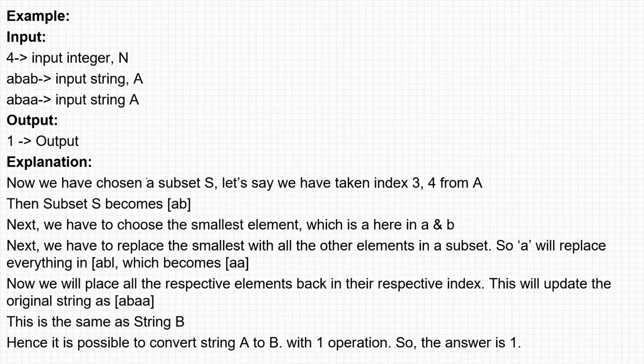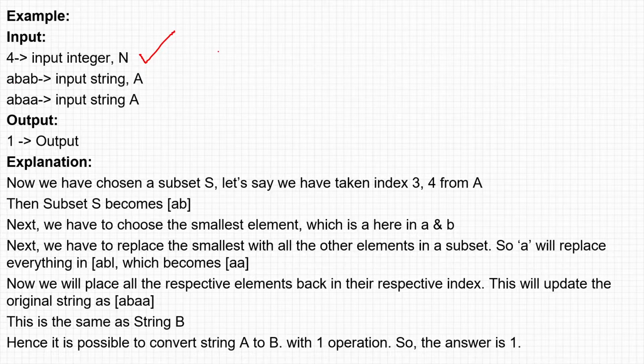So coming to the example, taking this example, the input integer n is the number of strings. The number of characters in each string should not be beyond 4 or less than 4.